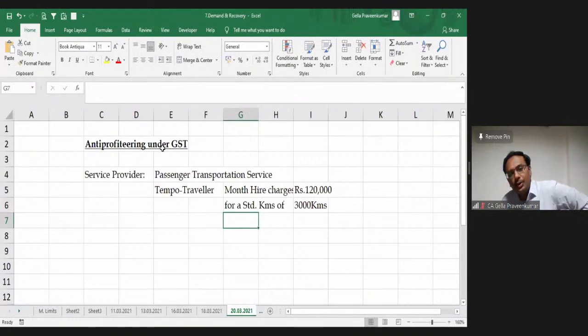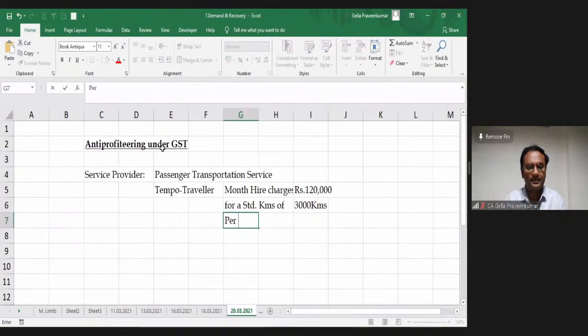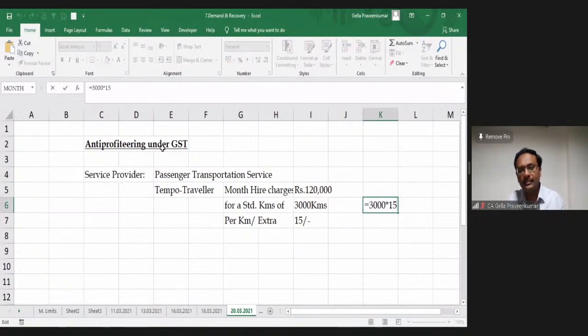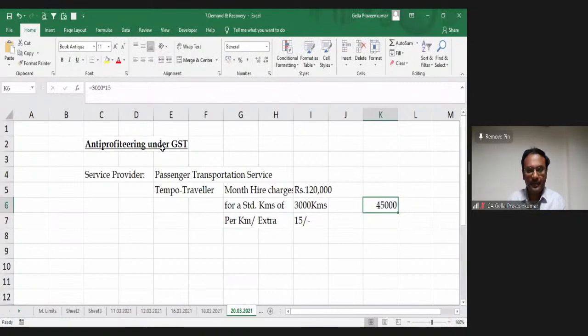They say if you use more than 3,000 kilometers, per kilometer extra, say they charge 15 rupees. Let me just check this. 3,000 kilometers into 15 gives me, no, instead of 3,000, I think it should have been, say, 400 kilometers. Let me make it as say 400 kilometers.